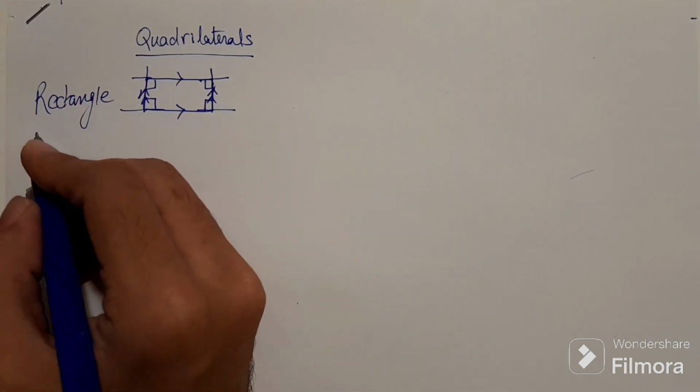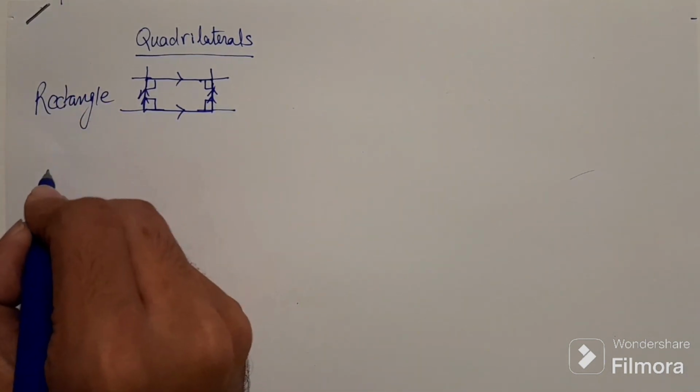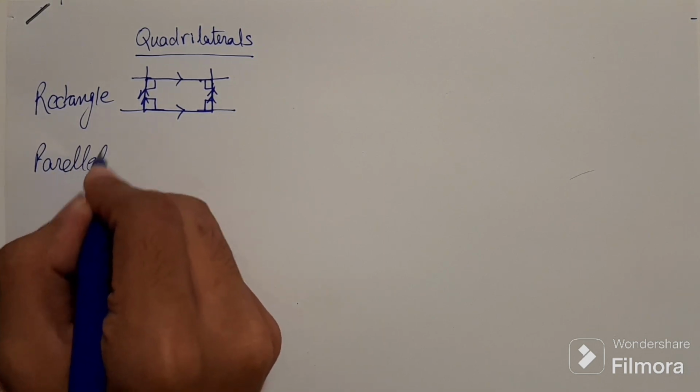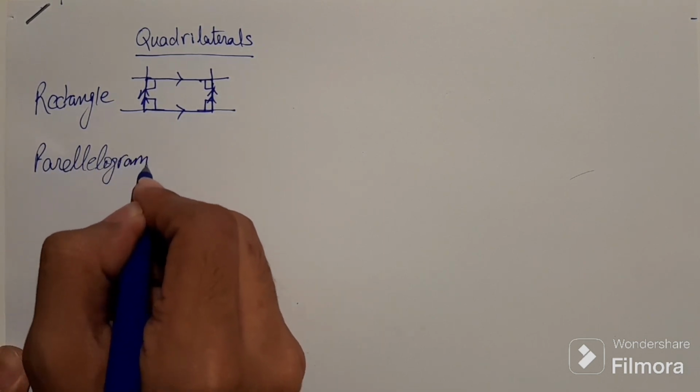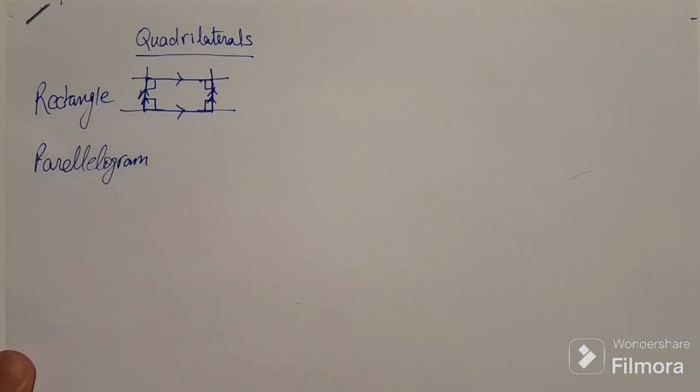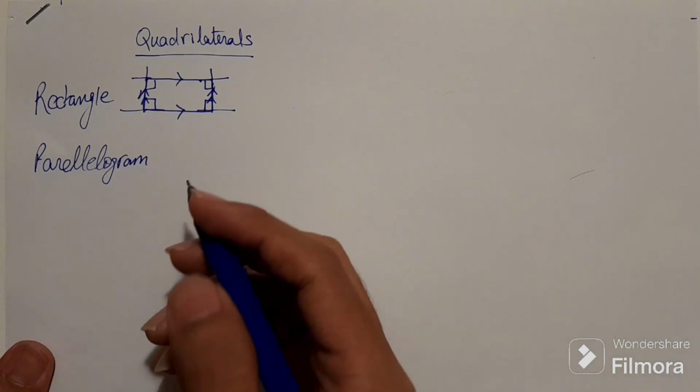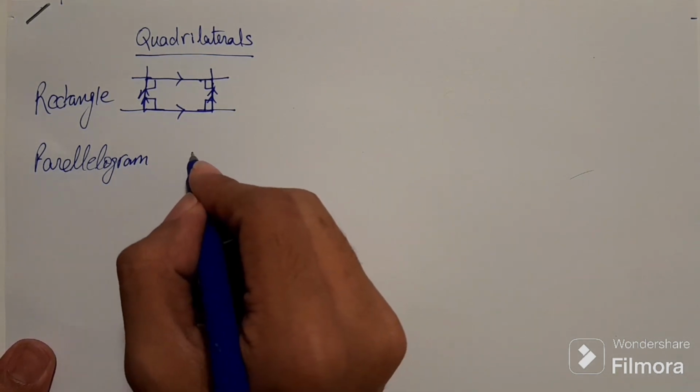The second type of quadrilateral is the parallelogram. What does parallelogram mean? It has opposite sides parallel and equal, same as a rectangle, and the diagonals bisect each other and opposite angles are equal.